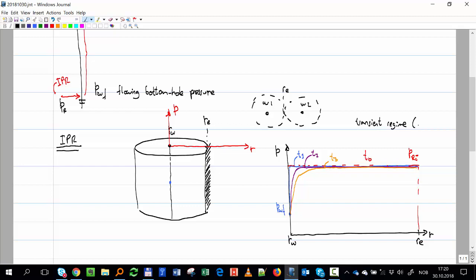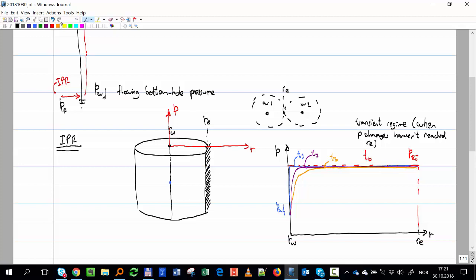That means the pressure changes haven't reached RE.